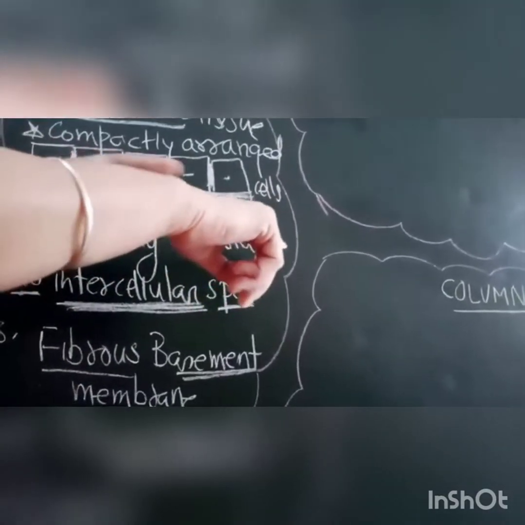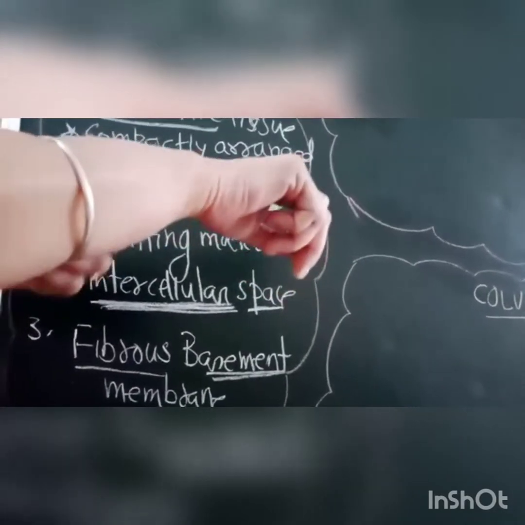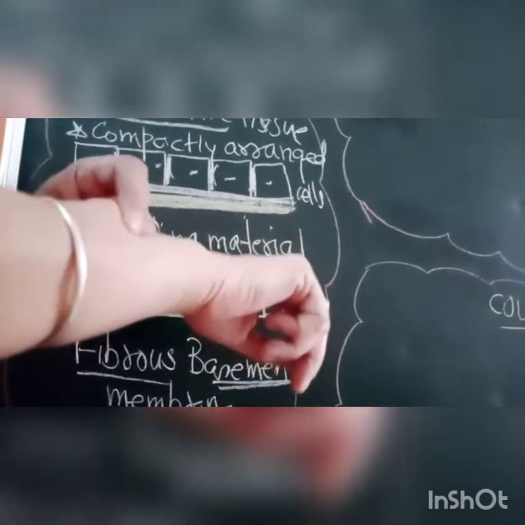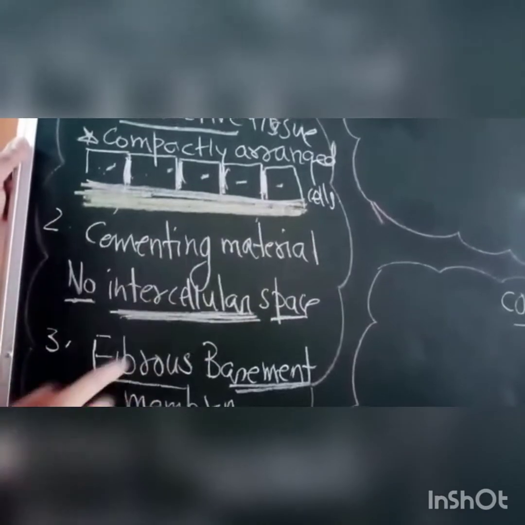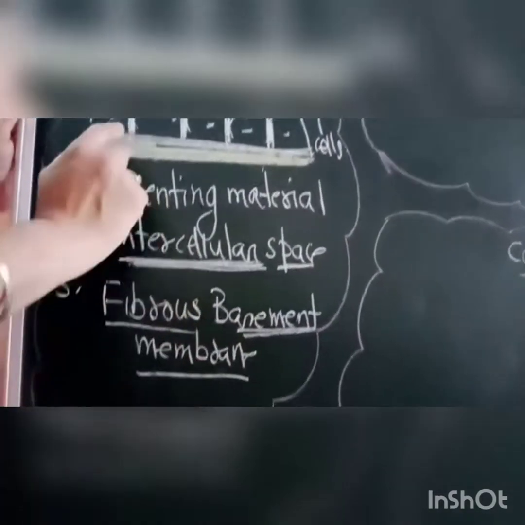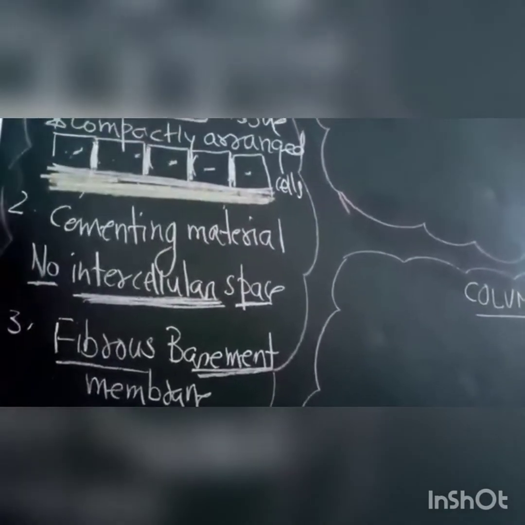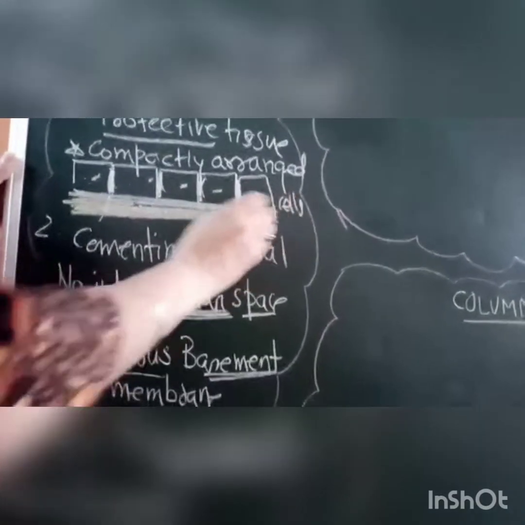Suppose this is the skin. So skin is an epithelial tissue. It is separated from the underlying muscular tissue by means of a fibrous basement membrane. It does not consist of cells, but simply fibers are there, and these fibers form the basement membrane.